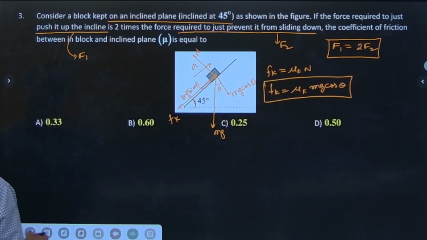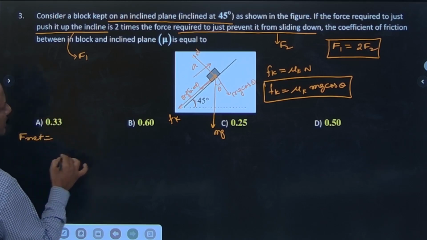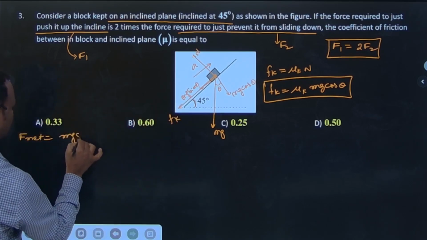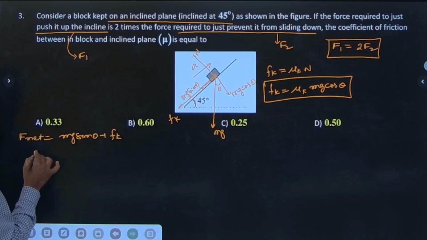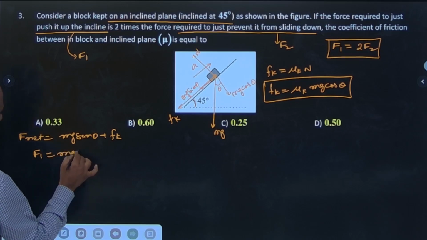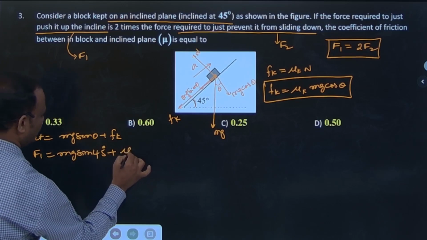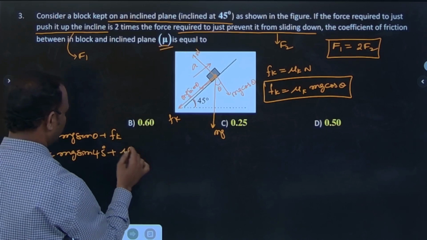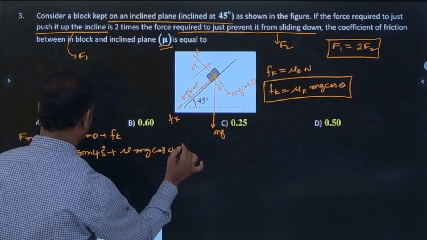Now we can talk about this Fk. The net force is equal to, what forces are acting? One is mg sin theta plus Fk. F net means F1. F1 is equal to mg sin 45 degrees plus Fk, which is mu mg cos 45 degrees.